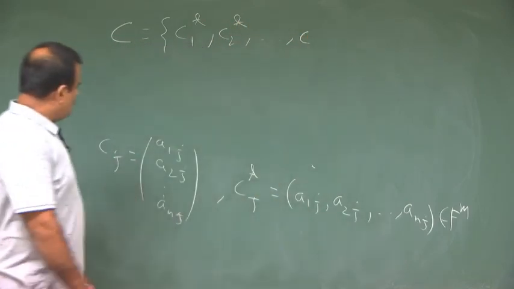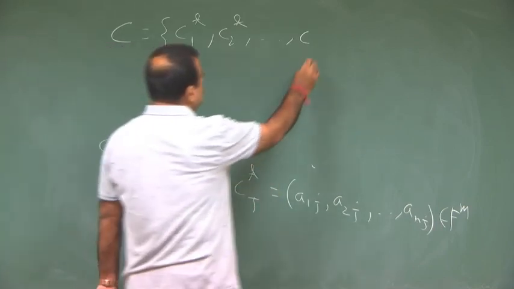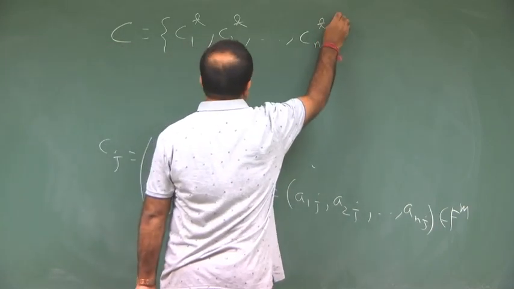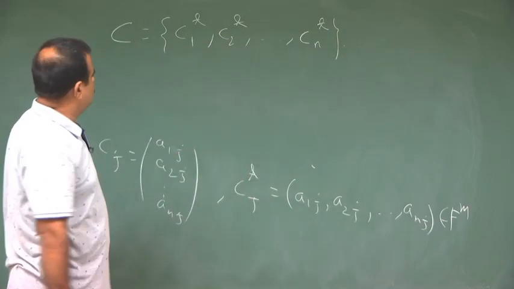C 1 transpose, C 2 transpose, and how many columns are there? There are n columns, up to C n transpose, and each of these columns comes from F to the power m.